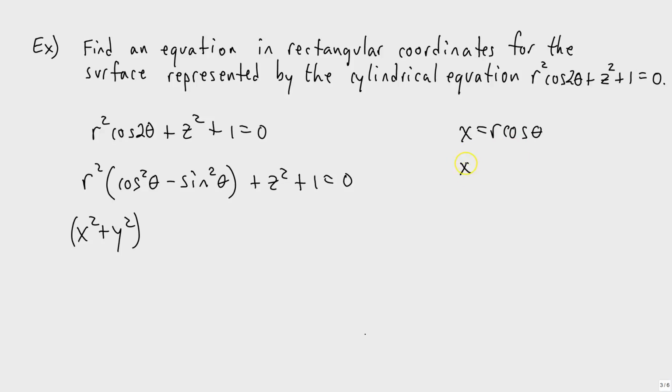So if we square both sides, x squared is r squared cosine squared. So cosine squared is x squared over r squared, minus, and we could do the same thing for sine squared, so that would be y squared over r squared.